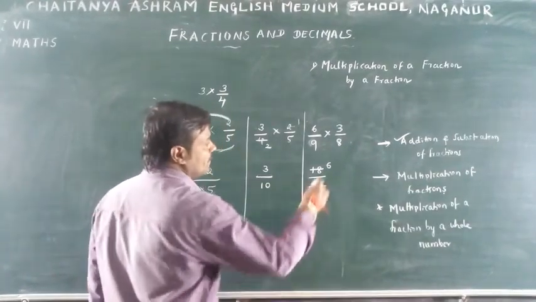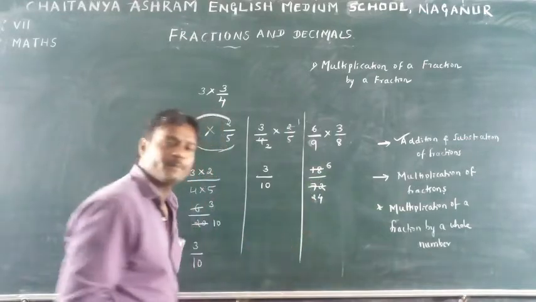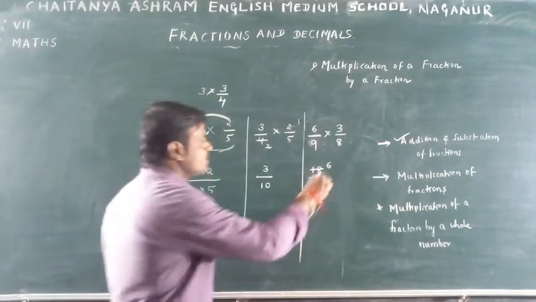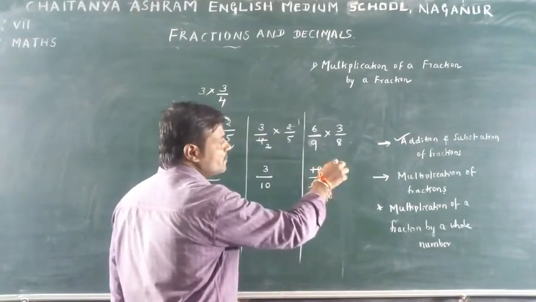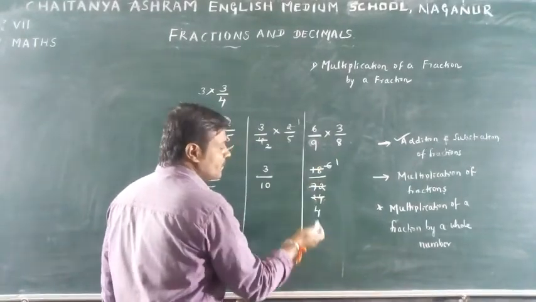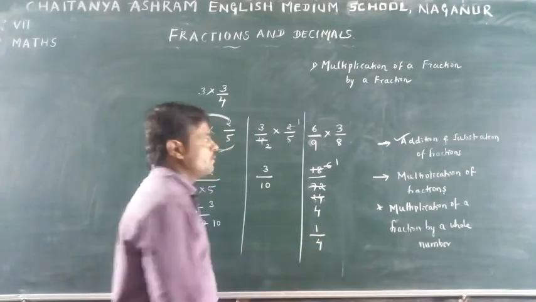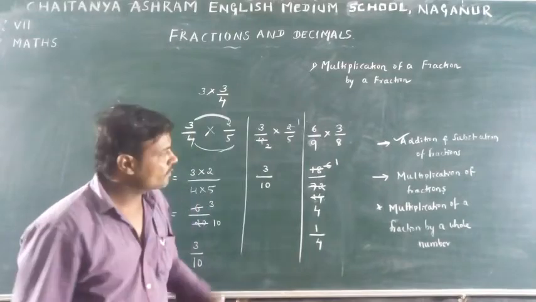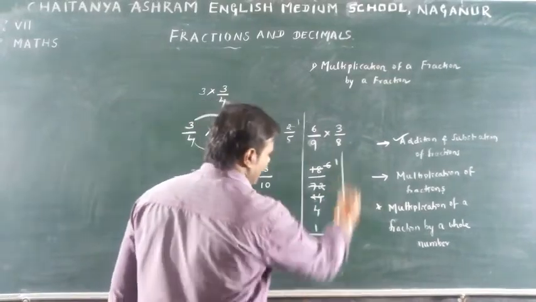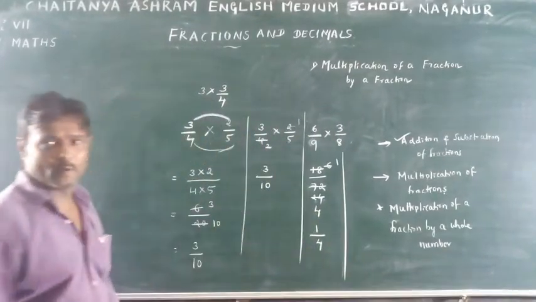Okay, then again these two are divisible by 6. 6 ones are 6, 6 fours are 24. So what remains on the numerator? 1. In the denominator 4. So what is the product of these two fractions? 1 divided by 4.